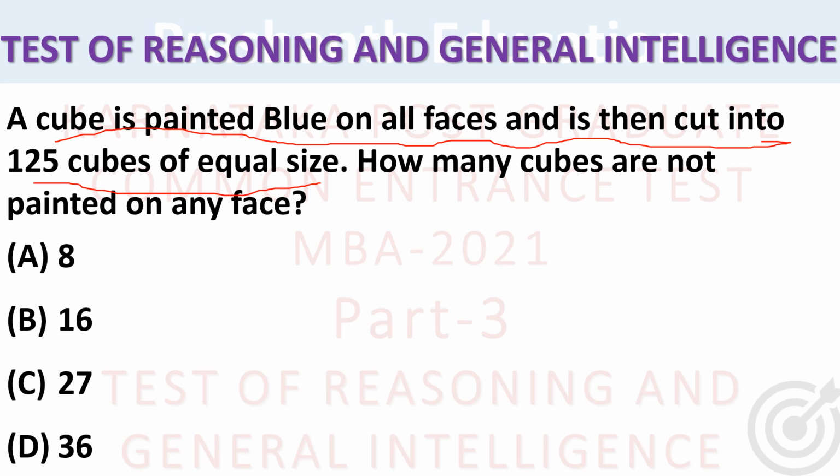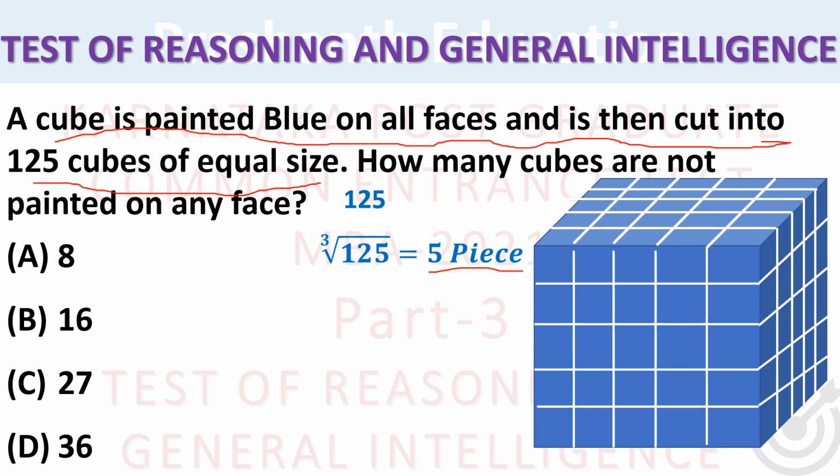Now for this, we need to take a cube and cut it. We need to know how many pieces we need to cut on each side. If you take the cube root of 125, 5 pieces should be there. If you look at the front side, it should have 5 pieces horizontally and vertically. So we take a cube and divide it like 1, 2, 3, 4, 5.